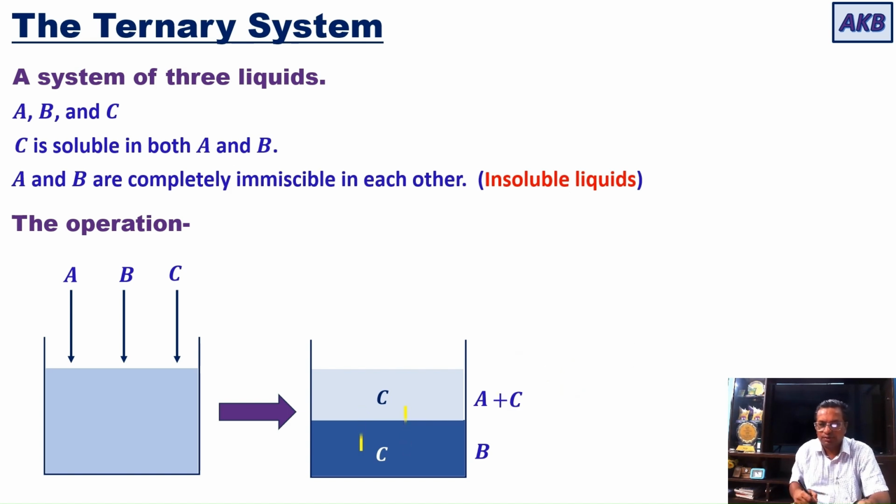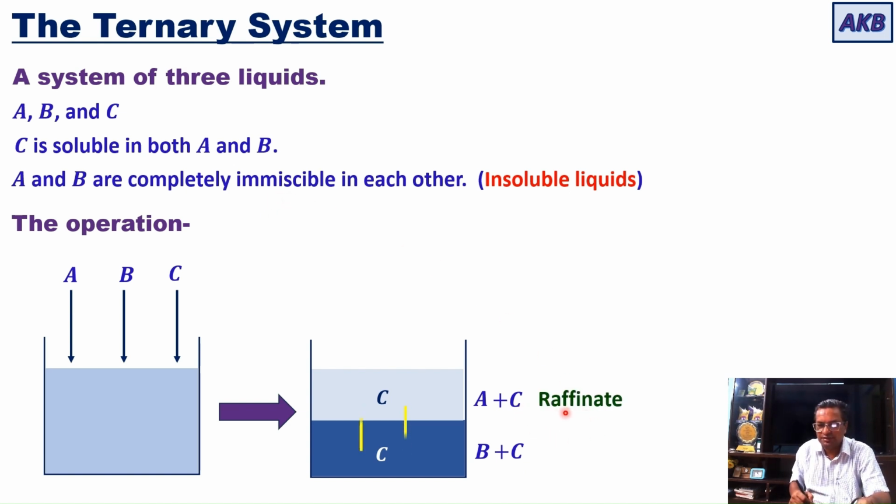In the A rich layer, there will be A plus C. There will be no B in it. Why? Because A and B are completely immiscible in each other. Similarly, in the B rich layer, there will be just B and C. There will be no A in it. The reason is again that A and B are completely immiscible in each other.